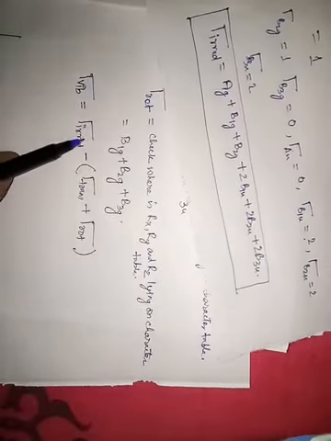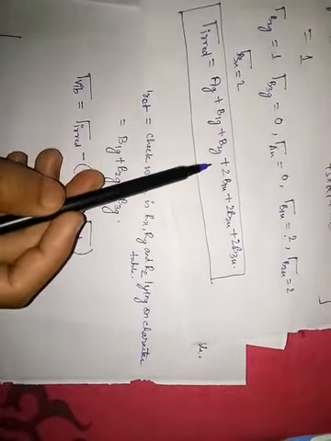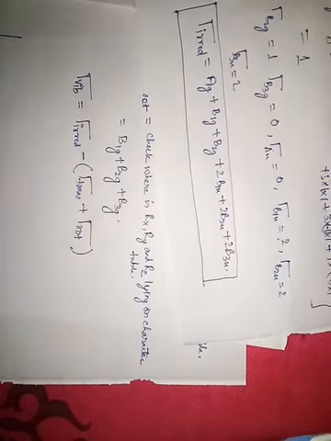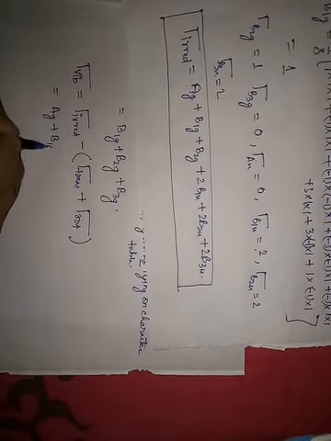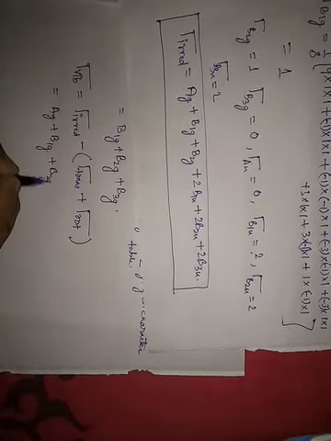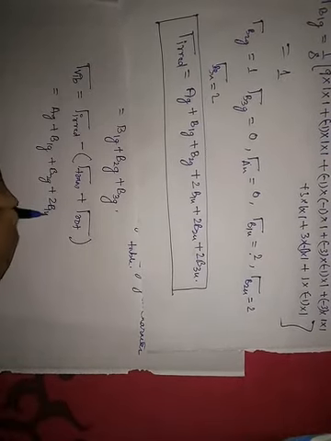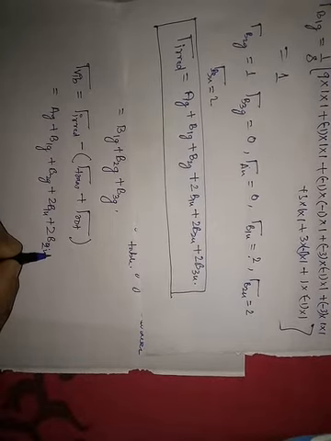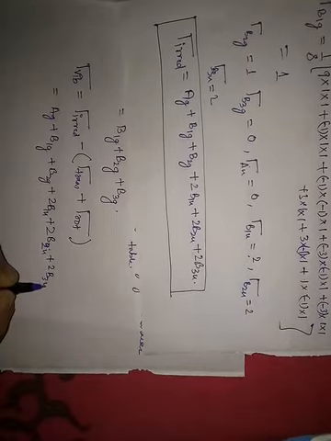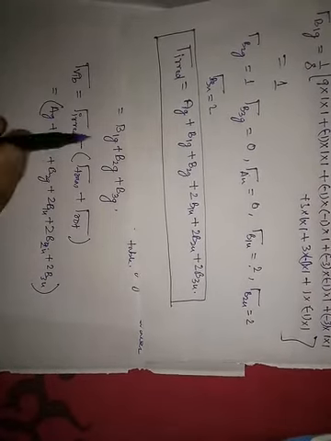Irreducible means how much we got. So these were all irreducible characters: Ag, B1G, B2G, 2B1U, 2B2U, and 2B3U. We are going to write here Ag plus B1G plus B2G plus 2B1U plus 2B2U plus 2B3U.